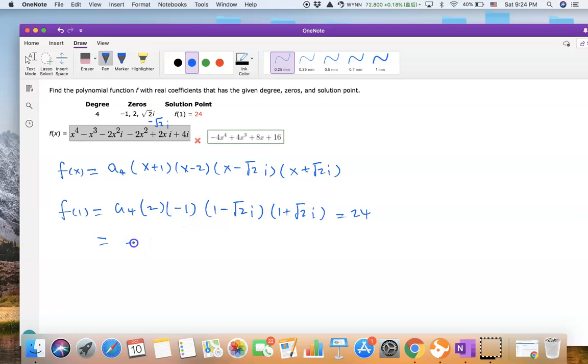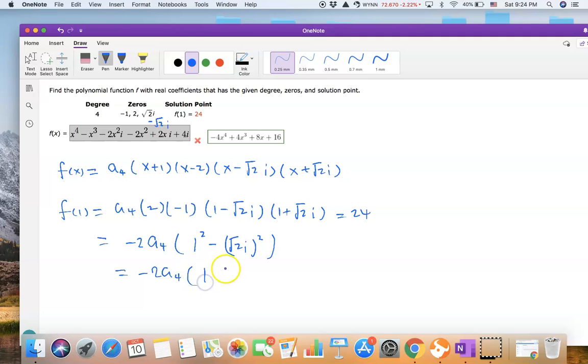So here I have negative 2 times a_4. Now for 1 minus square root of 2 i times 1 plus square root of 2 i, we can use the difference of two squares formula. So that's 1 squared minus the square root of 2 i squared.